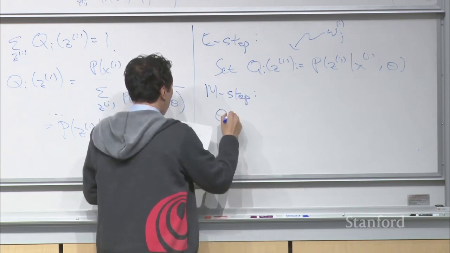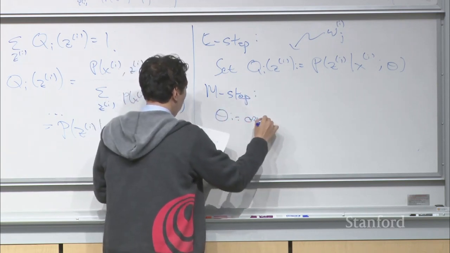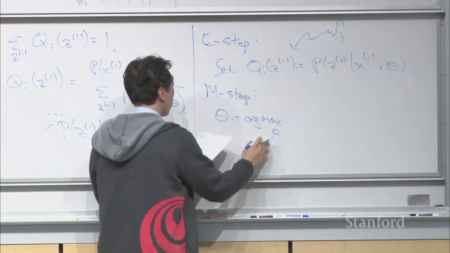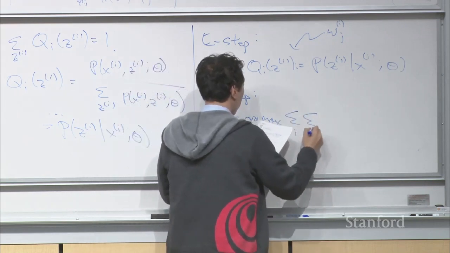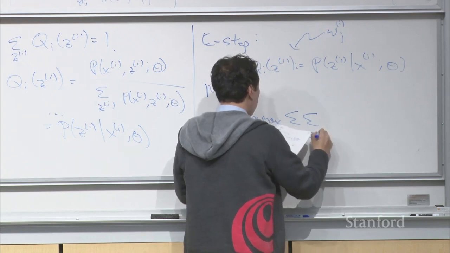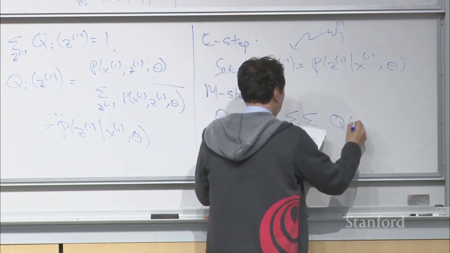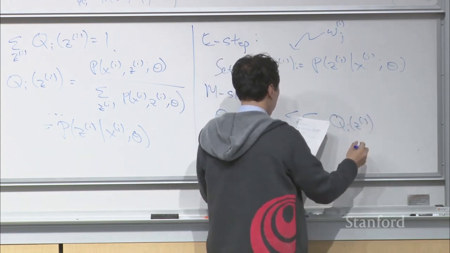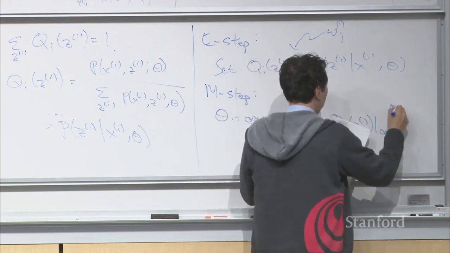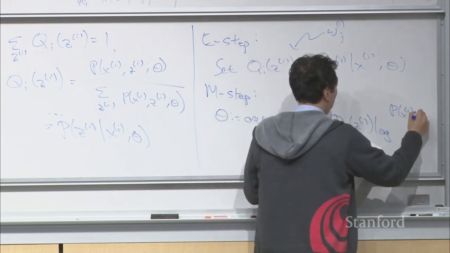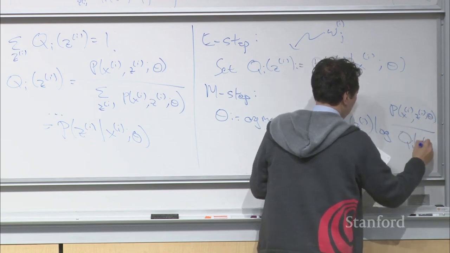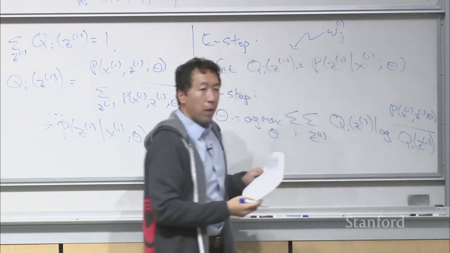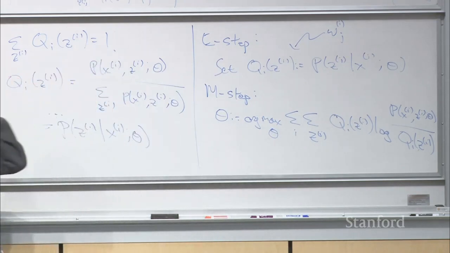And then in the M step, we're going to take that lower bound that we constructed, which is this function, and maximize it with respect to theta.